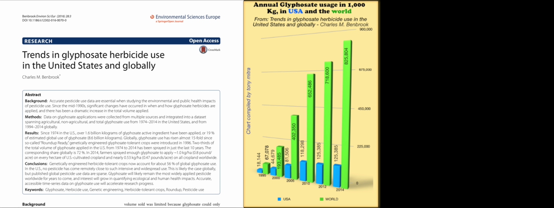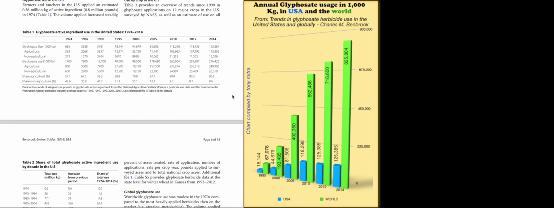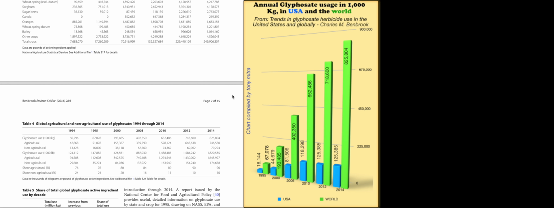It's published in Environmental Sciences Europe, Trends in Glyphosate Herbicide Use in United States and Globally, written by Charles Benbrook. You can find it online and download it and keep it with you. I did so. It has a lot of interesting data, and I only took some of it for now. I shall be looking at other data too.